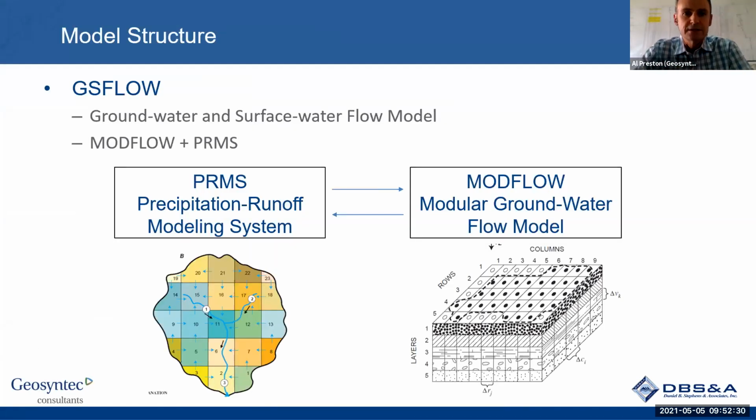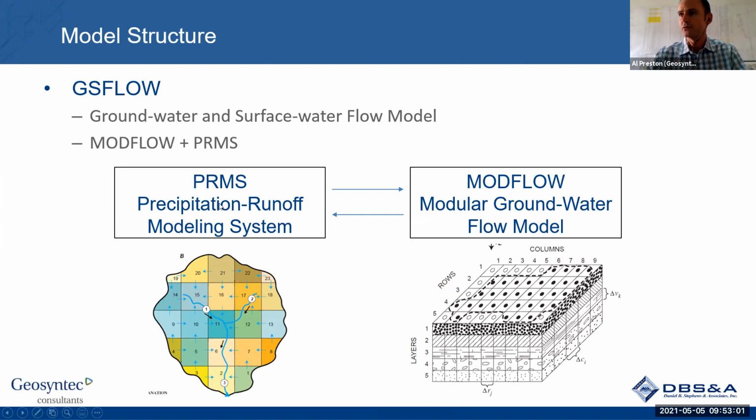GSFLOW is, as mentioned by Kevin, developed and supported by the USGS. GSFLOW stands for Groundwater Surface Water Flow Model. It is a coupling of the well-known MODFLOW model, which is the groundwater model, plus the PRMS, or Precipitation Runoff Modeling System. Both of these models have been developed separately by the USGS, and around 2008, they coupled the two together.